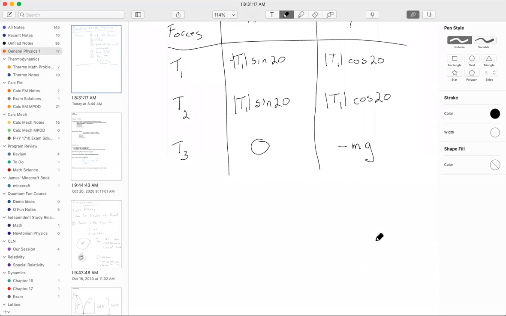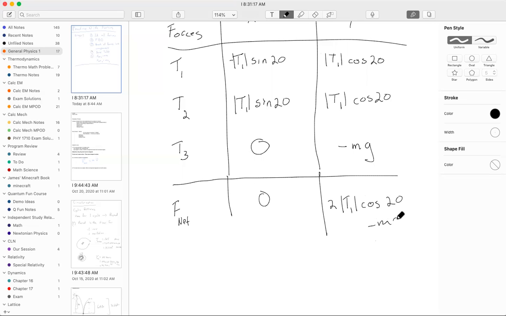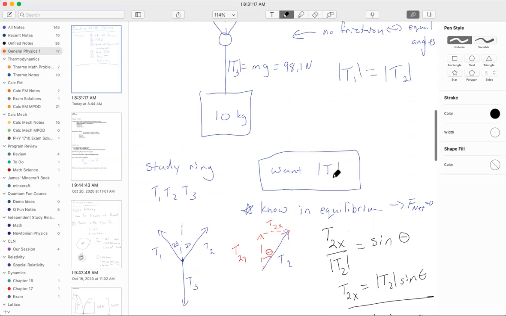Okay, so these are my forces, and I can add them up to find the net force. Now the x components just add up to 0 because they're equal and opposite. And the y components will equal 0, but we can turn that around and solve for T1. These two terms are the same, so I get 2 times the magnitude of T1 cosine 20 minus mg. All right, so that's my formula for the net force. And I go back to my problem.